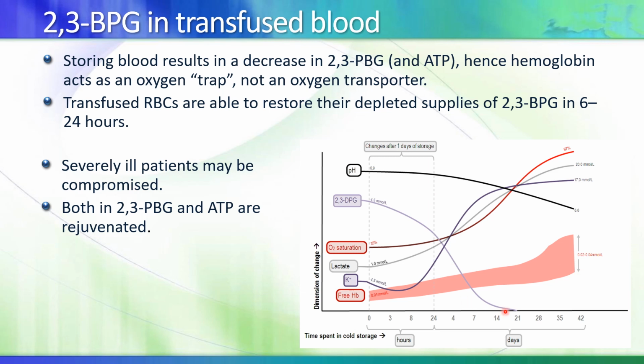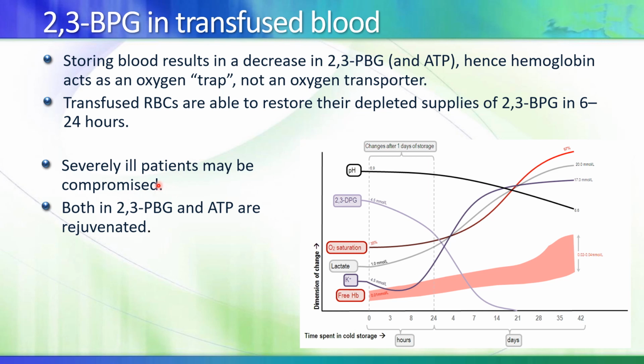So after 24 hours, there would be no 2,3-bisphosphoglycerate. Now, this shouldn't be a problem with normal individuals or people who are not severely ill, because they can restore the depleted levels of 2,3-bisphosphoglycerate within hours.